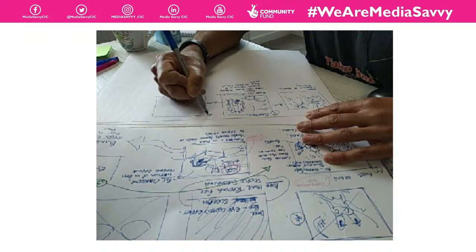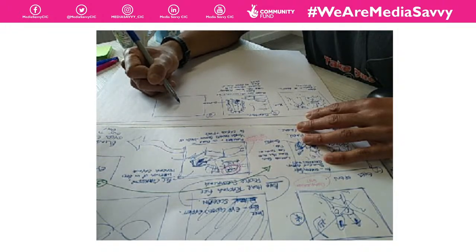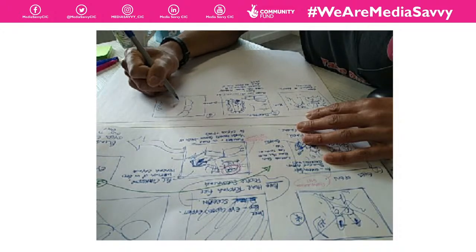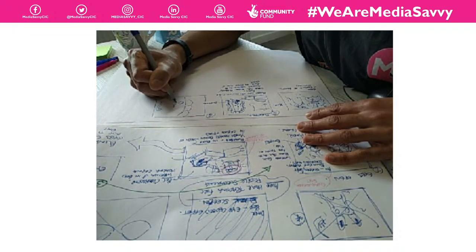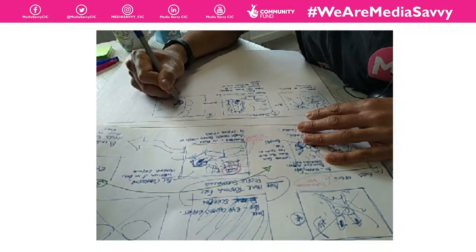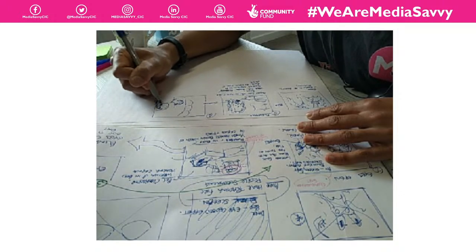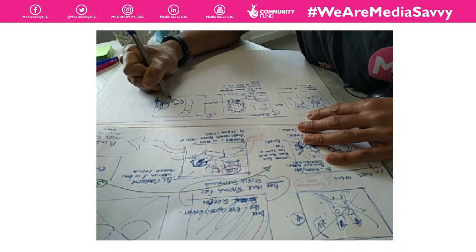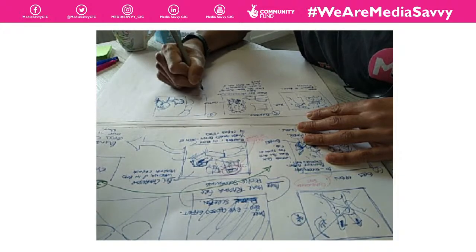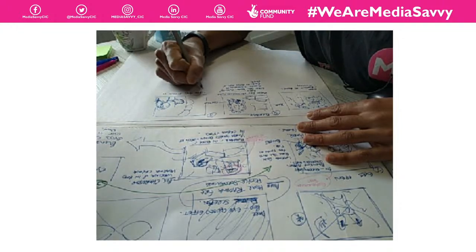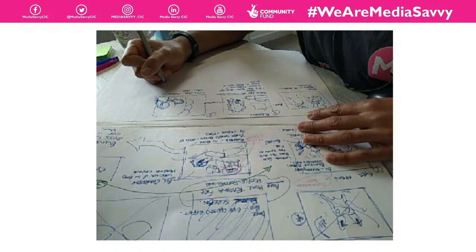The door, a bit more detail, smoke still, door handle, and the little girl trying to open the door, really poorly drawn.